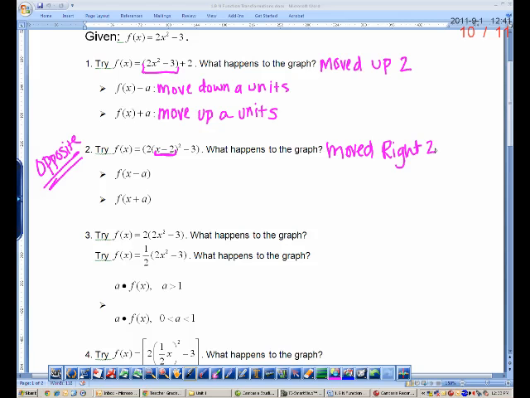So anytime I do f of x minus a, I subtract a number from x on the inside, which direction is my graph going to move? Right. Opposite what you think would happen. It's going to move right a units.